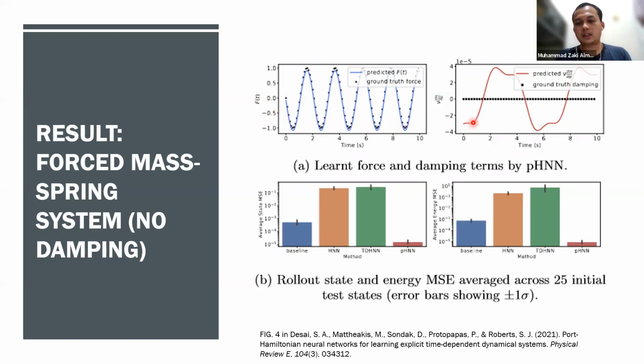I believe they also learn the damping here, which should be 0. I guess if we add the damping to the external force, the predicted total force and the damping element should be much closer to the ground truth in this case.